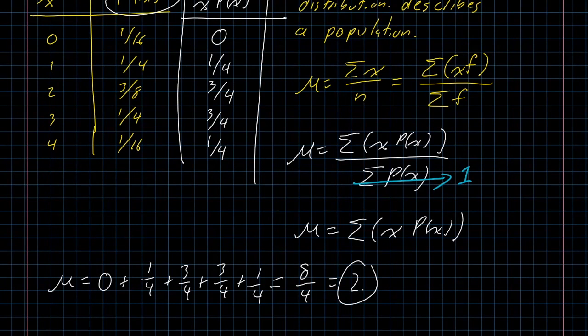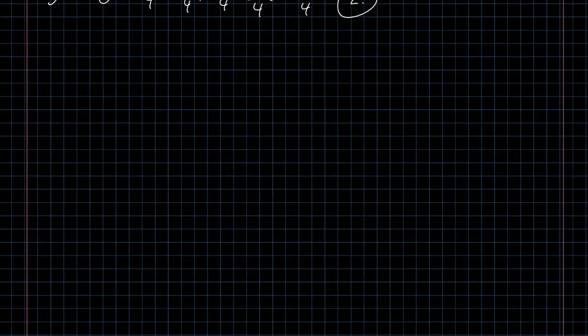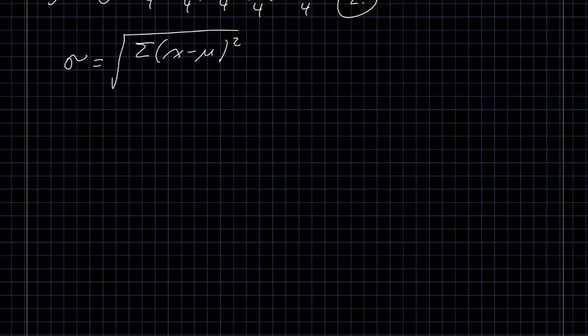And when we talked about mean, it wasn't too much longer before we also talked about standard deviation. Again, I'm talking about a population, not a sample, so I'm using sigma for my standard deviation. Remember, in general, that's the square root of the sum of all of the x minus mu's squared divided by n.